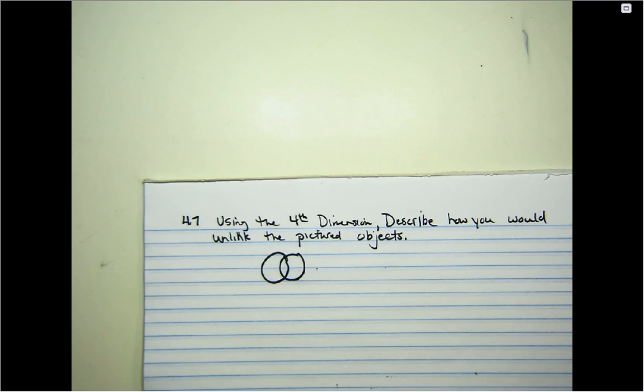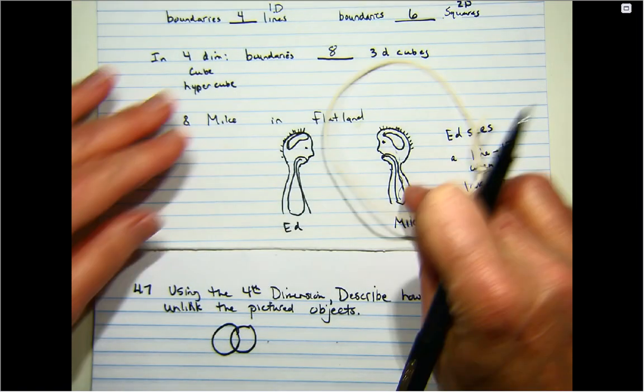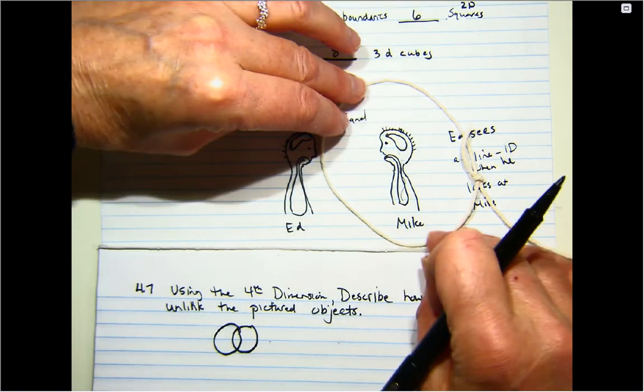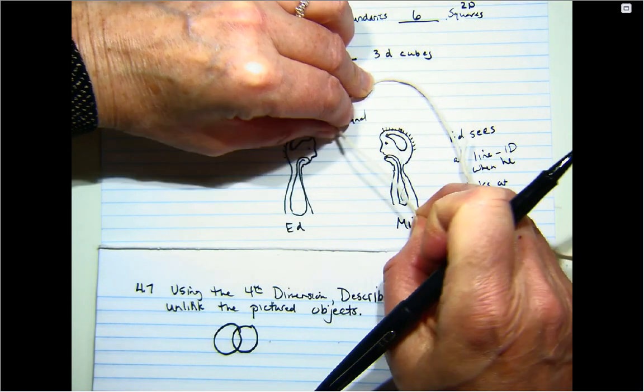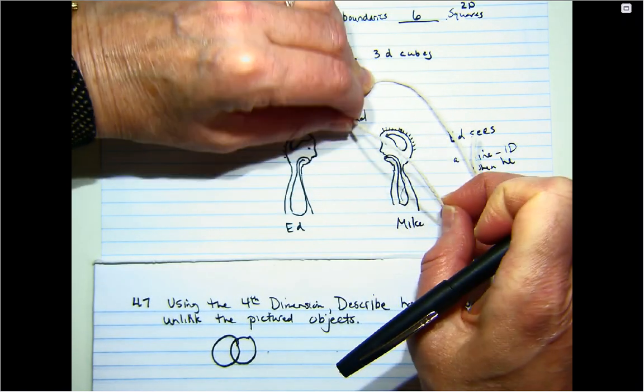So again, we're using the idea that we had with the loop around Mike in the 2nd direction. I, being in the 3rd dimension, can lift it up, and then Mike doesn't see it anymore.